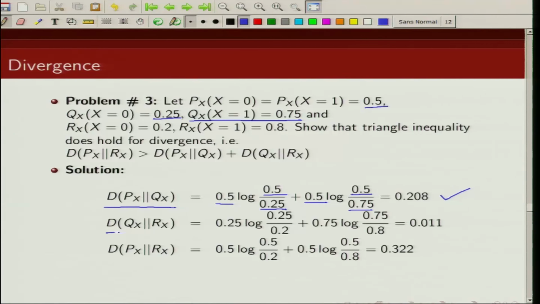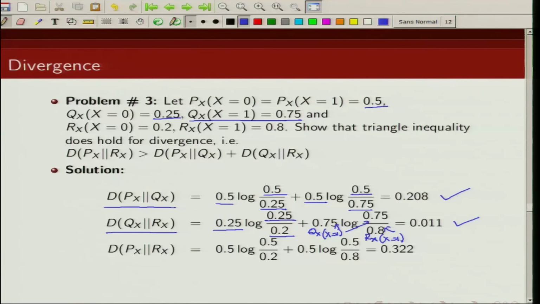Now to find the divergence between q and r, this is the probability of q at x being 0 and r at x being 0. Similarly, this is q of x for x equal to 1, and r of x for x equal to 1, that is this quantity.